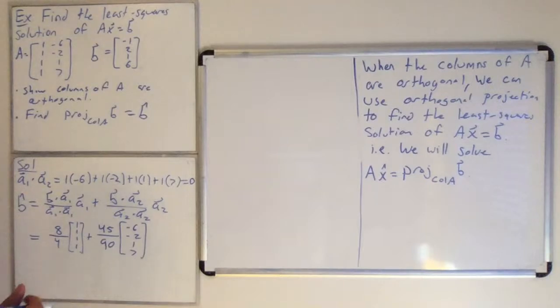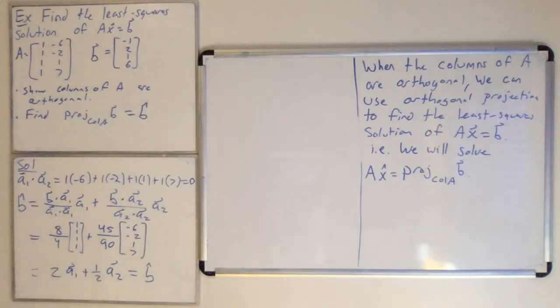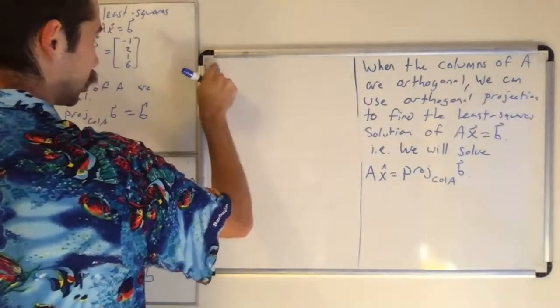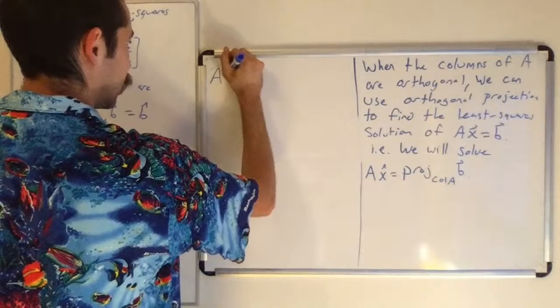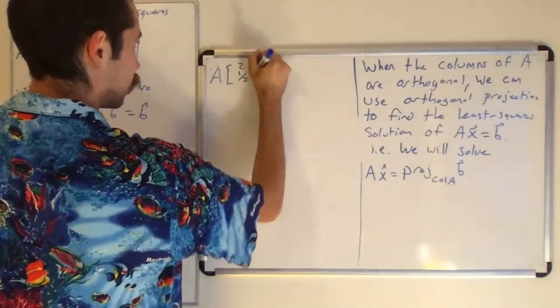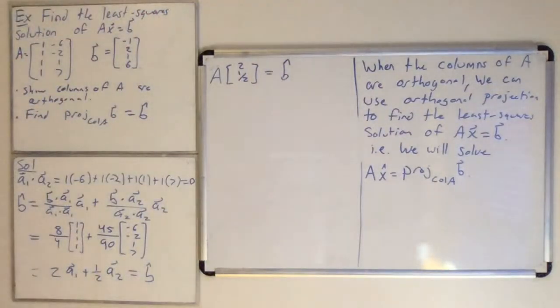All right, let's see if we could explain why. This equation, let me simplify it a bit, just so we don't have fractions. This is saying that A is a matrix, A times the vector 2, 1/2 gives us B.